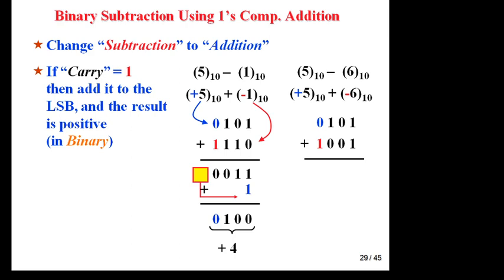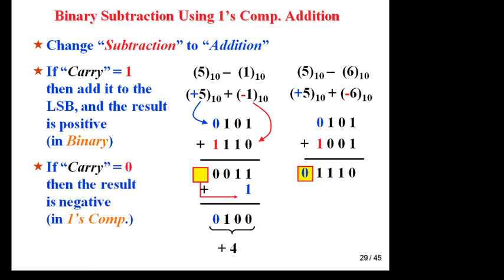You will see here this 0. If carry 0, then result is negative, it means 1's complement. Just you have to discard this, and or you can say if you are adding here 0, it will give the same result, 1 1 0. Okay, this 1 represents minus, and this 1 1 0 is nothing, it is minus 1 in 1's complement method.